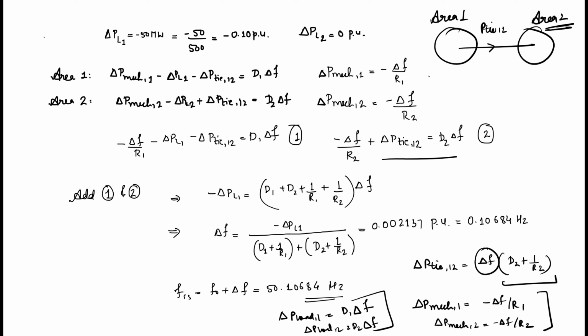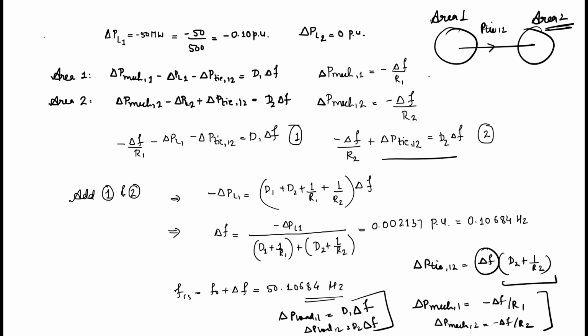And we also know from the isolated system that delta P max 1 is equal to minus delta F by R1, from the governor droop control, and delta P max 2 is minus delta F by R2. If we substitute these two here, we get minus delta F by R1 minus delta PL1 minus delta P tie is equal to D1 delta F. Here delta PL2 is 0.